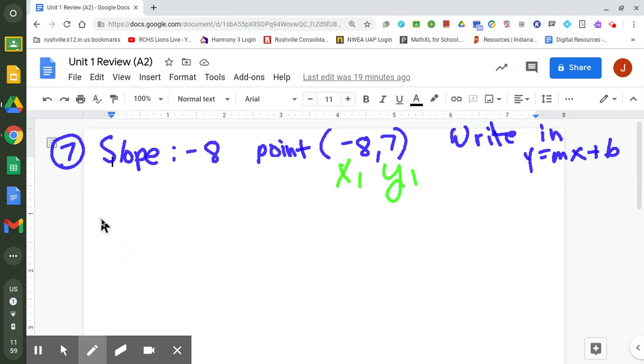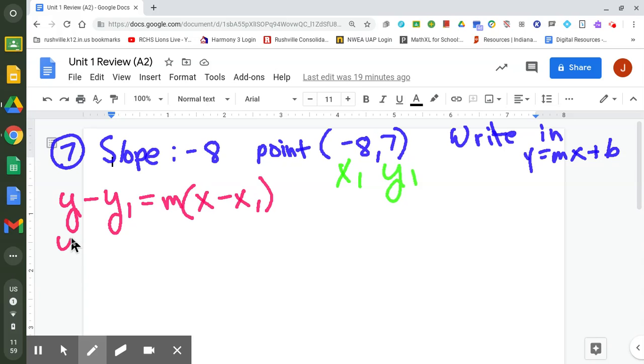And the formula that you should be using, we had to change it because I had it wrong on the paper. So the formula that we want to use is the point slope formula, and it's y minus y1 equals m times the quantity of x minus x1.